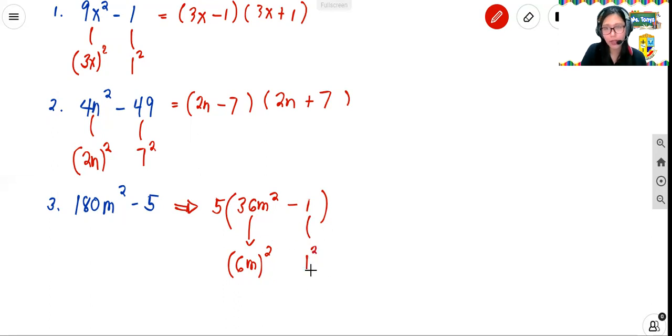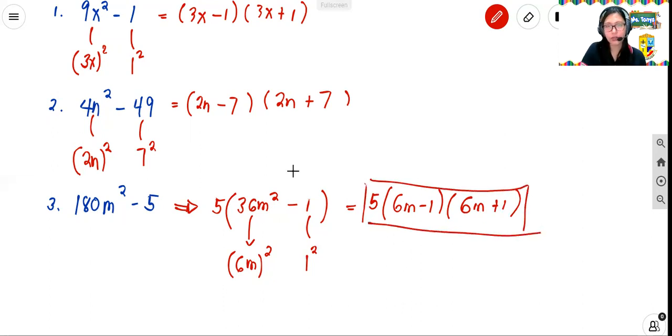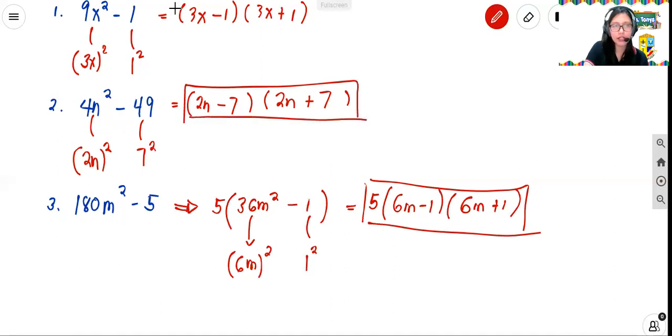It's a perfect square. So we can now factor this one using the difference of two squares method. And don't forget to put the 5 here. And then we have 6n minus 1 and 6n plus 1. And these are now our answer. Okay, I did not box our final answer. These are all our answers.